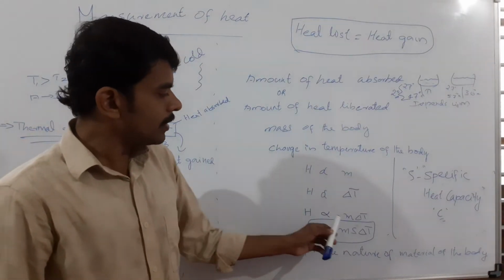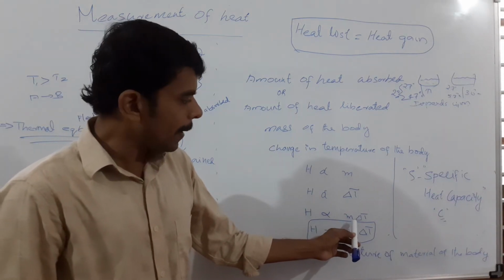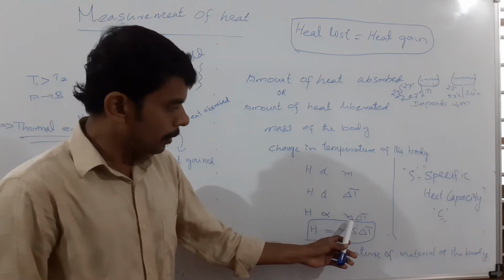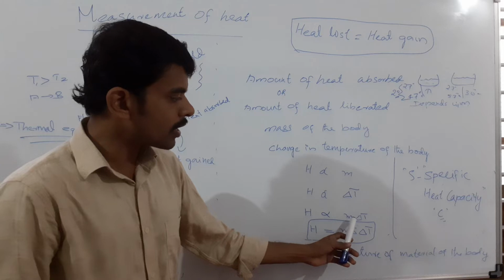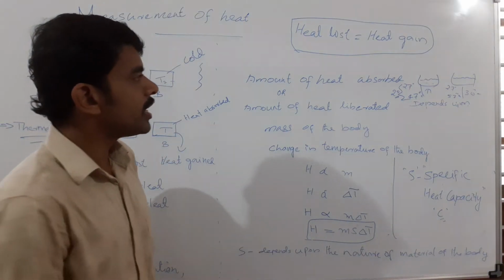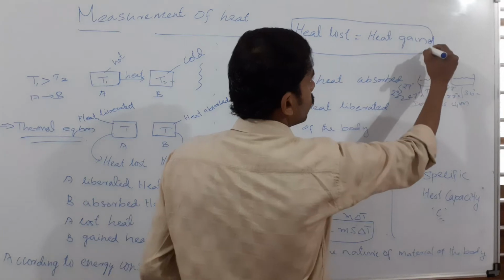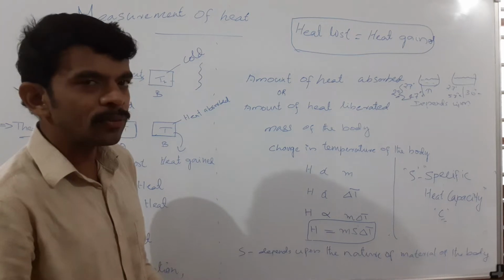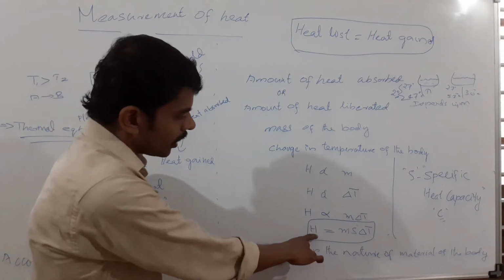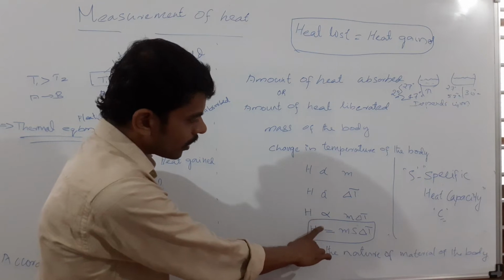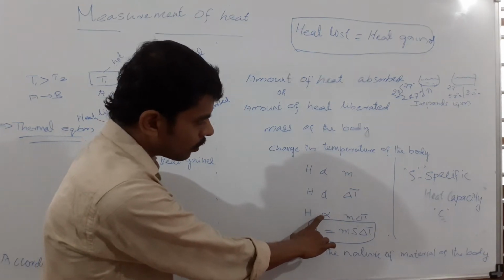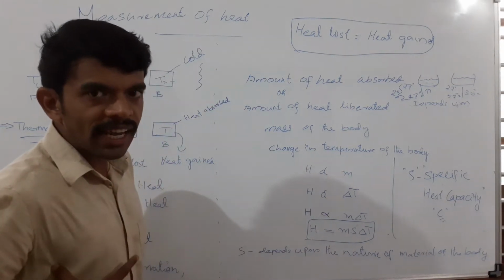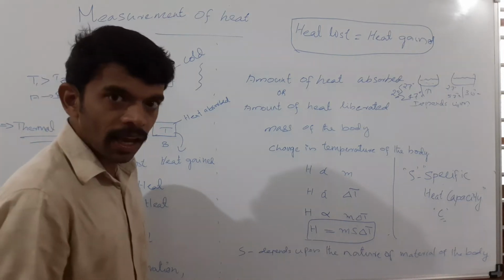We change the proportionality sign to an equality by multiplying by a constant.